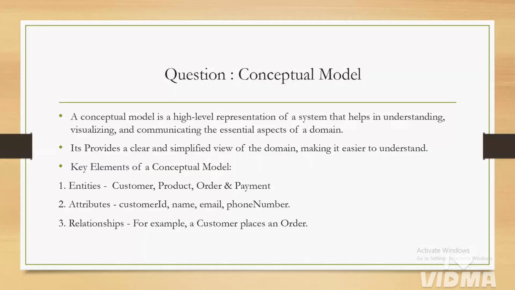So the key components of a conceptual model are entities, attributes, and relations. Entities will be customer, product, order, and payment. Attributes will be customer ID, name, email, phone number, and relations, for example, customer places order.